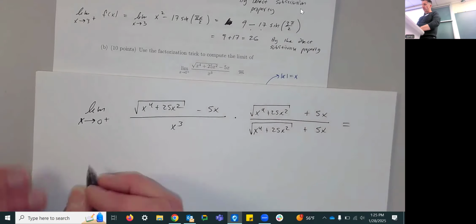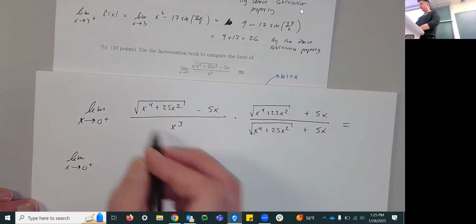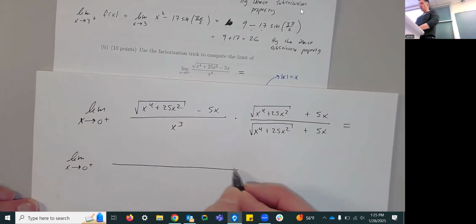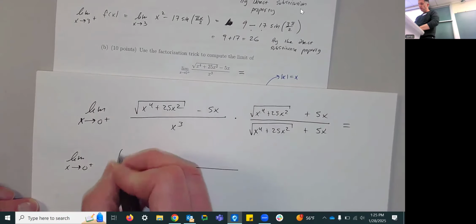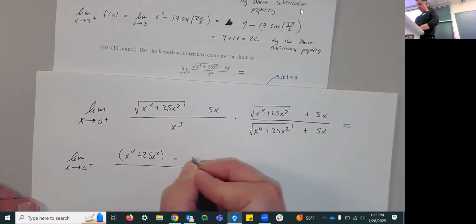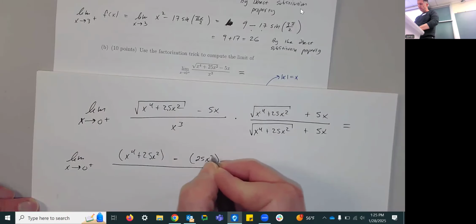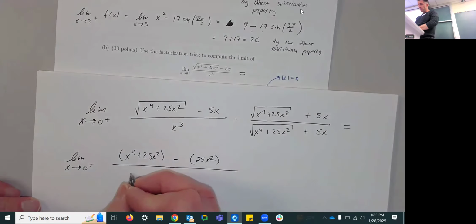As usual, when we multiply by the conjugate, we multiply out the tops, and it's always going to be the first thing squared. So that's going to be x to the 4th plus 25x squared minus the second thing squared, which is 5x quantity squared, or 25x squared, divided by x cubed times the conjugate.